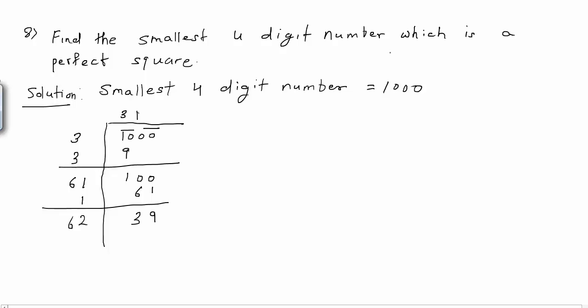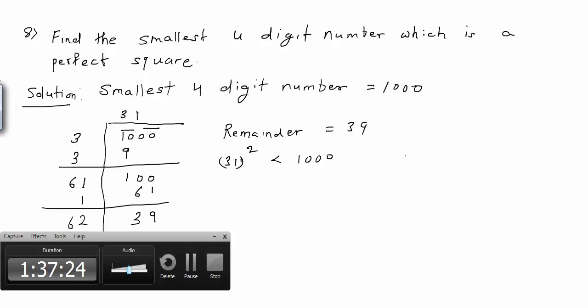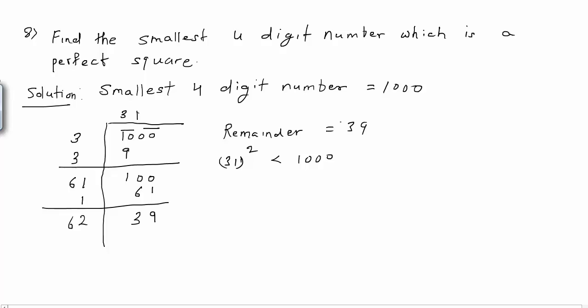What should we add to make it a perfect square? So again the procedure: the remainder is 39, and this 31 square is going to be smaller than 1000. Square is less than 1000.